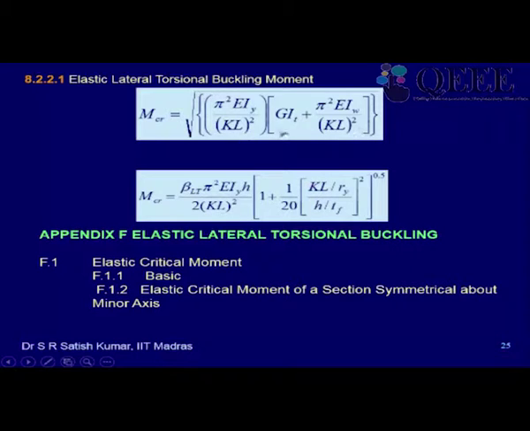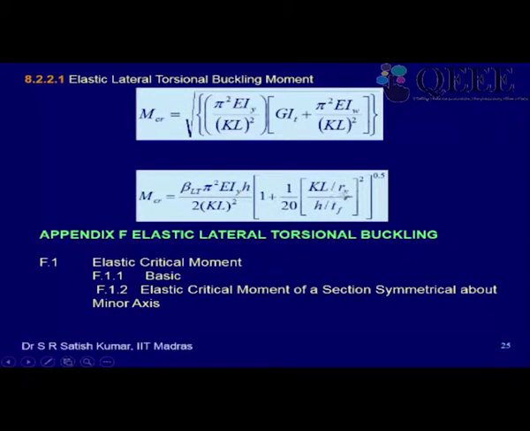Okay, so for that, by substituting the properties of the I section, I_W, I_Y and I_T, these 3 properties, we can simplify it to this formula, where what you need is only h by t_f, where h is the center to center distance between the flanges and t_f is the thickness of the flange, and r_y you can get from steel tables for a rolled section. I_y also you can get from rolled steel tables, that is the minor axis moment of inertia.